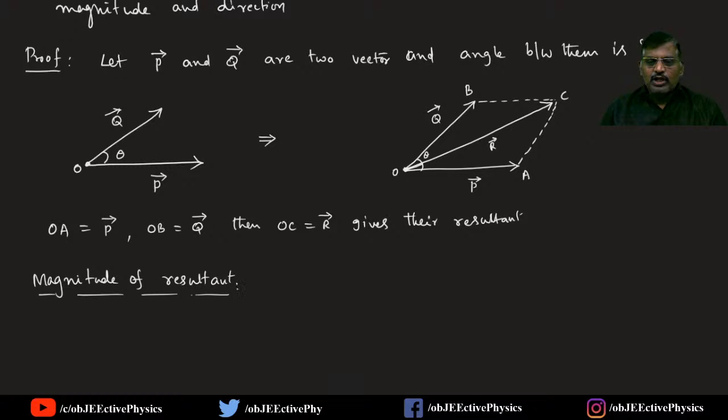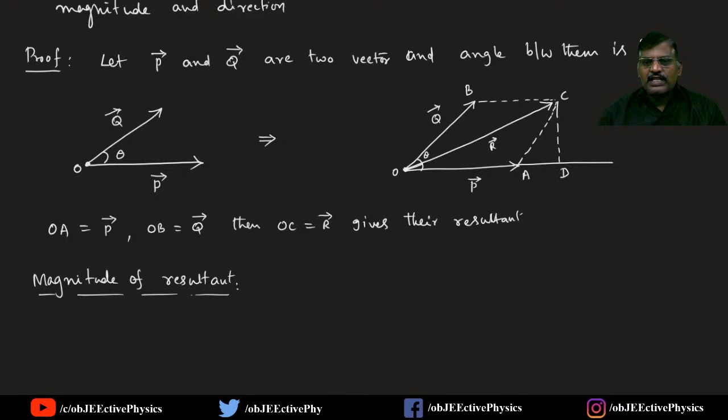To know the magnitude of the resultant of P bar and Q bar, first of all, we should extend the OA line, and a perpendicular should be drawn from C onto this OA line.